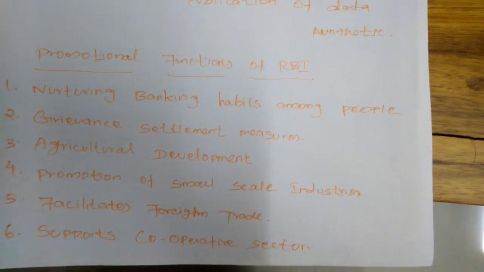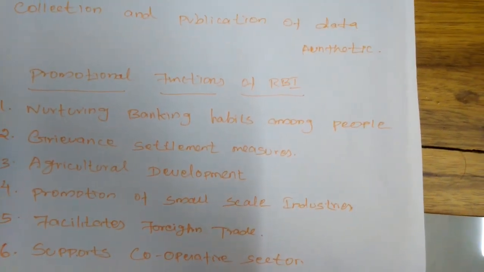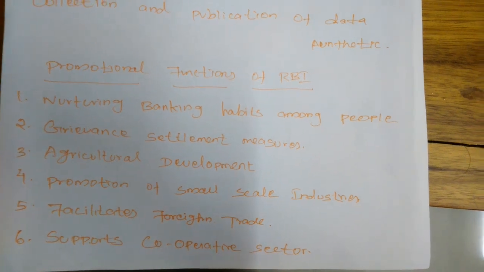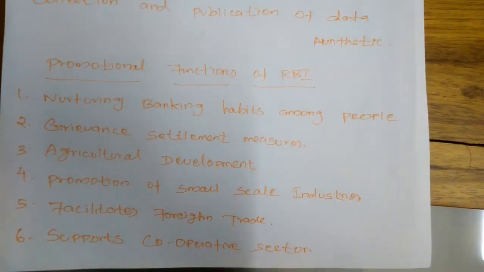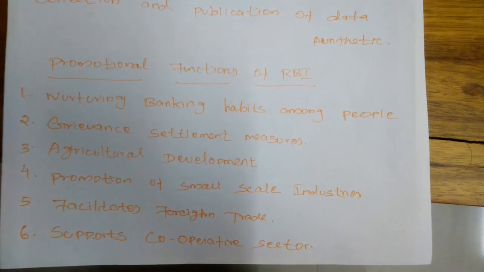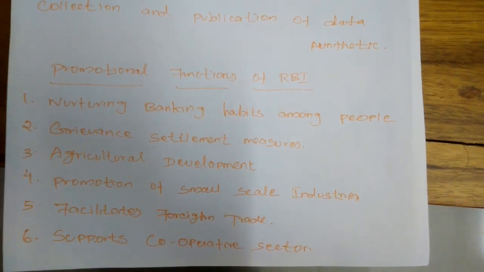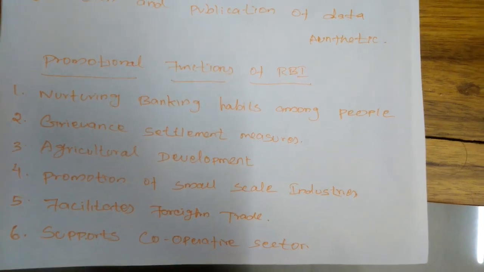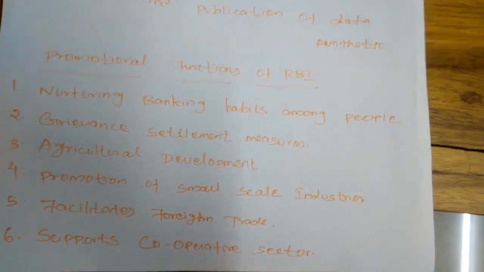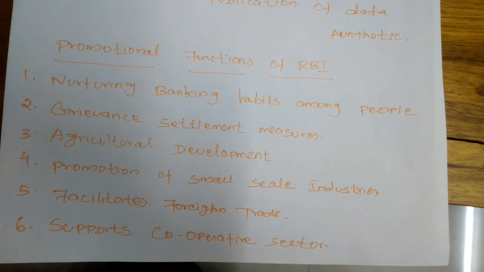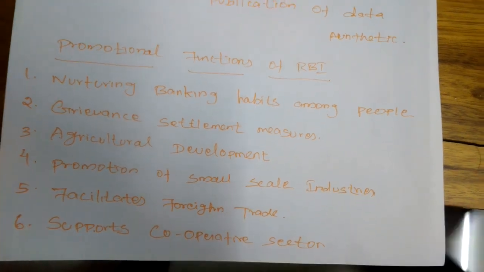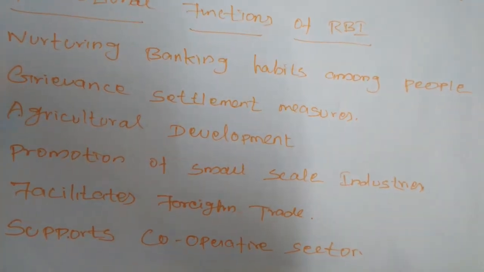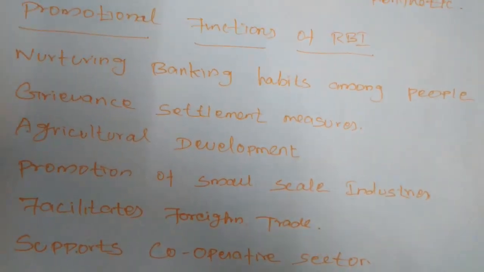So even small entrepreneurs or poor entrepreneurs have the power to borrow money. When the rules are simplified, even poor entrepreneurs can become exporters.